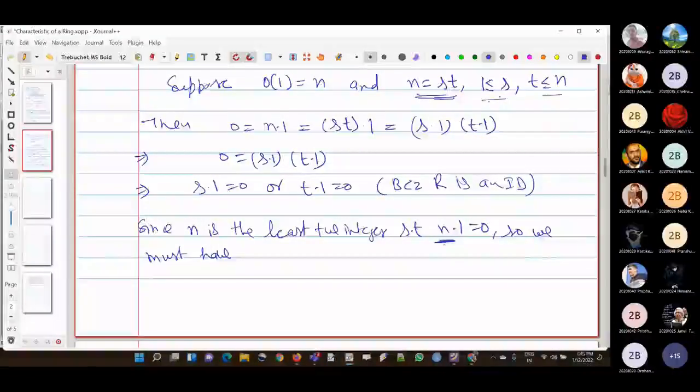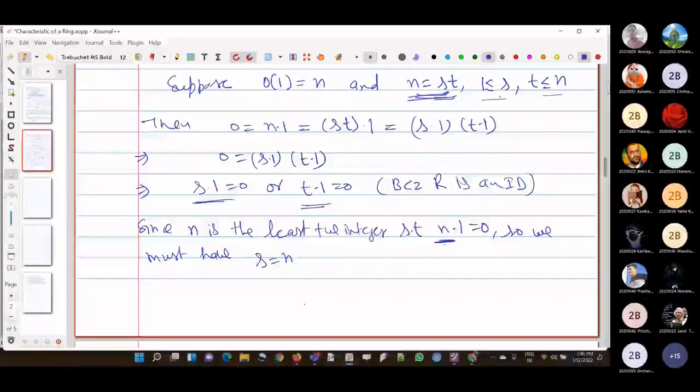So there are possibilities: s can be 1, t can be 1, or something in between. Of course, both cannot be n, otherwise it becomes n square on the right hand side, but the product of these two is n, not n square. So what we conclude from here is either s becomes n. If s becomes n, then what must t be?